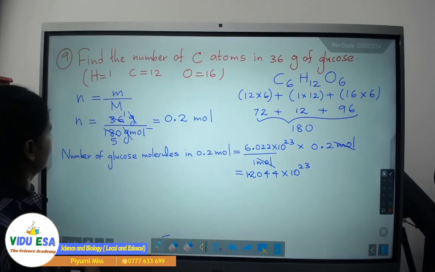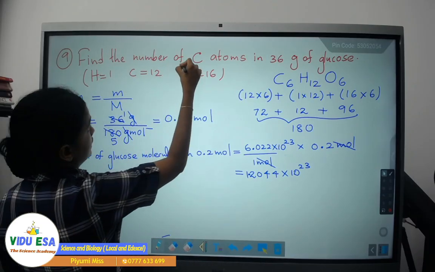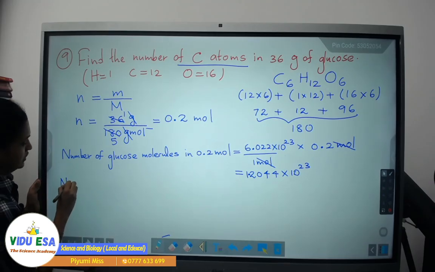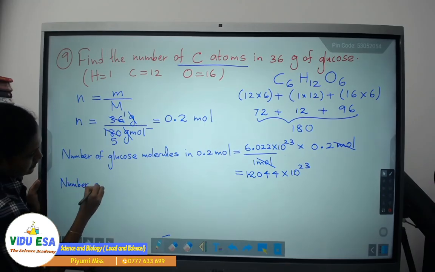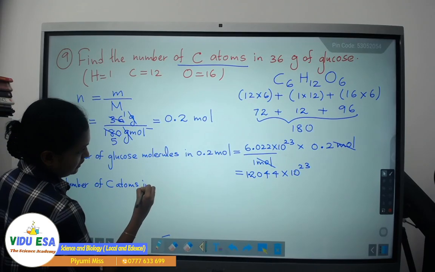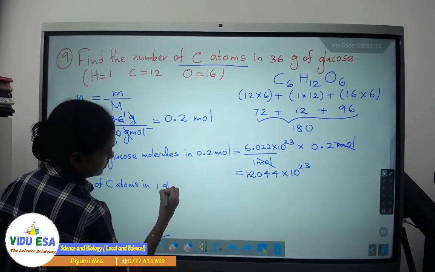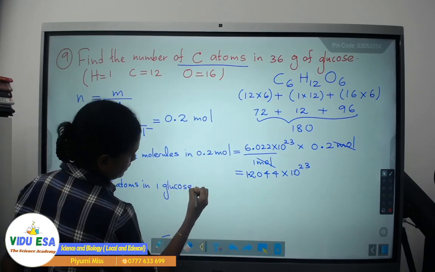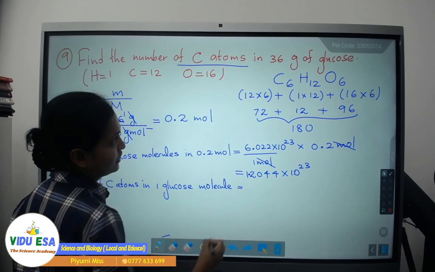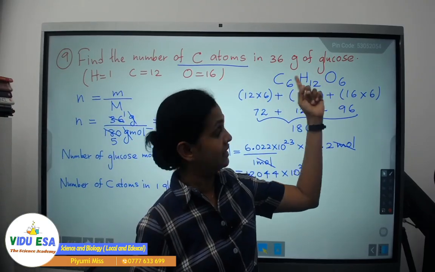But we are asked to find out the number of carbon atoms. Number of carbon atoms in one glucose molecule. Here, in one glucose molecule, how many carbon atoms are there?